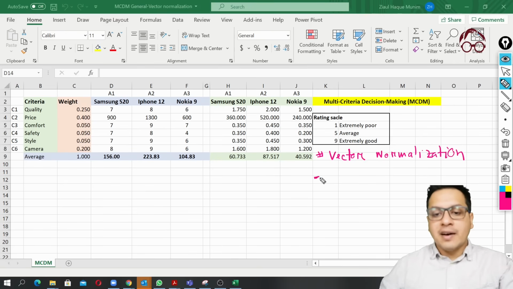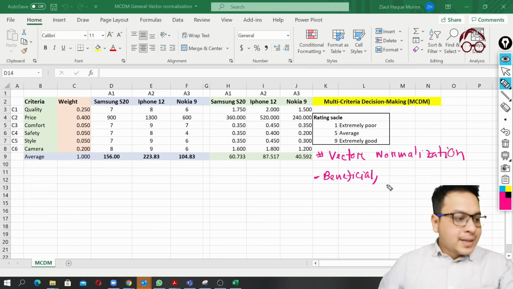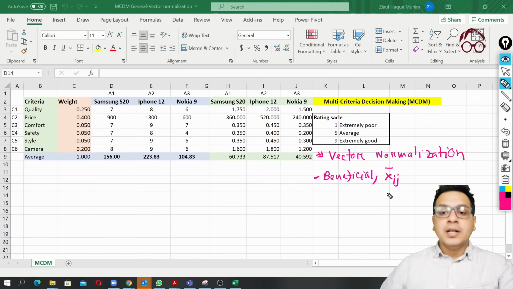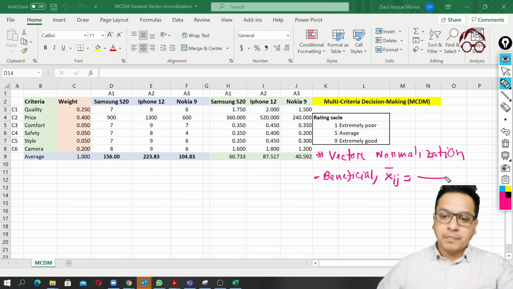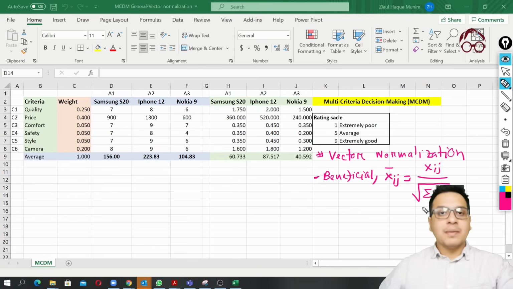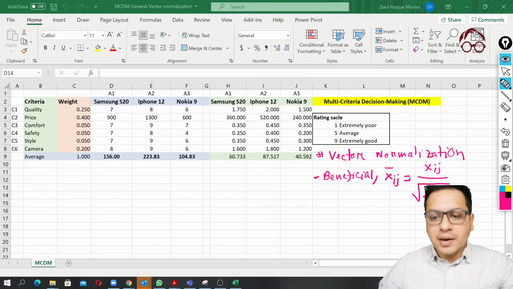When we have a beneficial criterion, the normalized values, which we can indicate by xij prime or bar, are calculated like this. We take the rating of alternative i under criterion j, xij, and divide it by the square root of a summation, with i equals 1 to n.